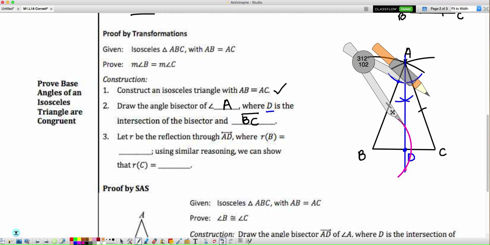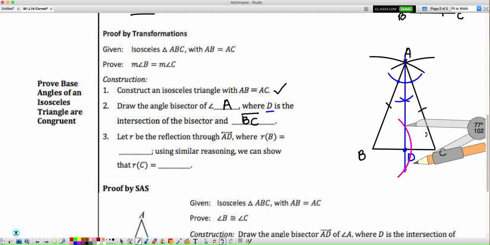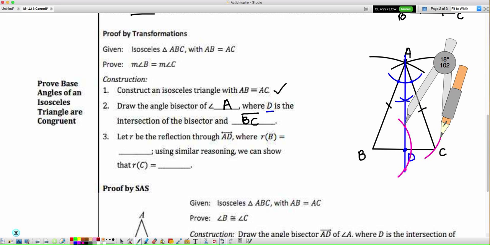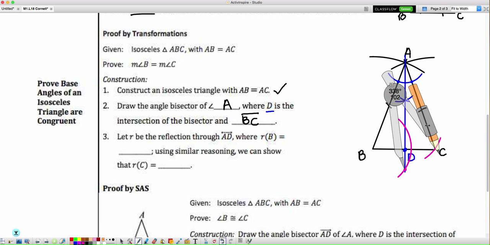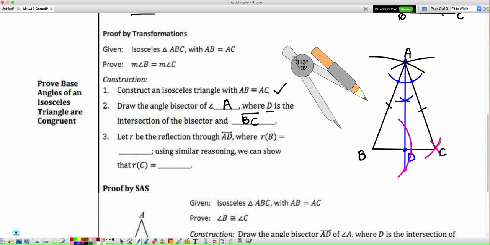So I'm going to place my compass there and draw an arc. Place my compass on the other intersection and then draw an arc. And you'll notice by doing this, my B prime would end up right here where the C is at, right? So here, the reflection of B ends up where C is currently at.